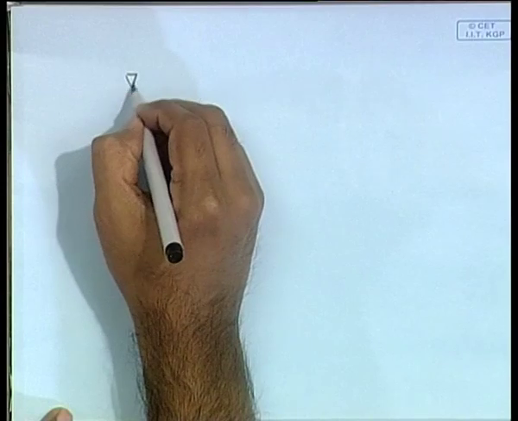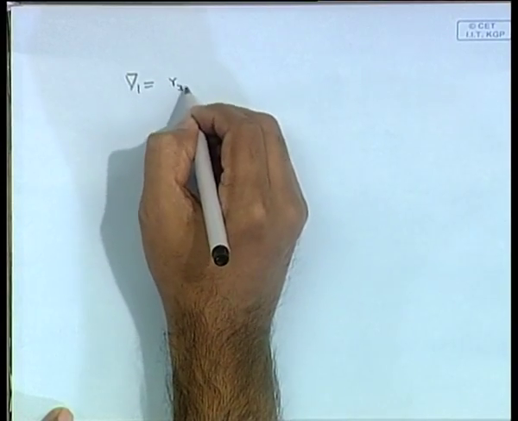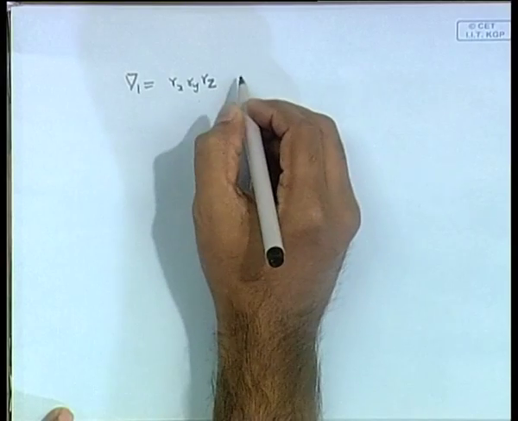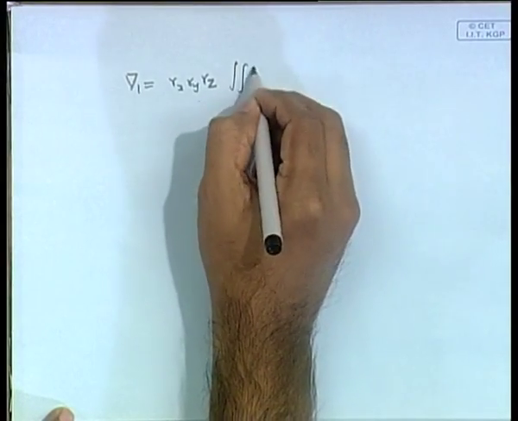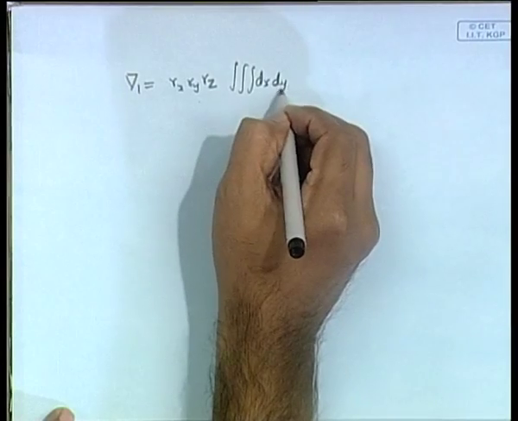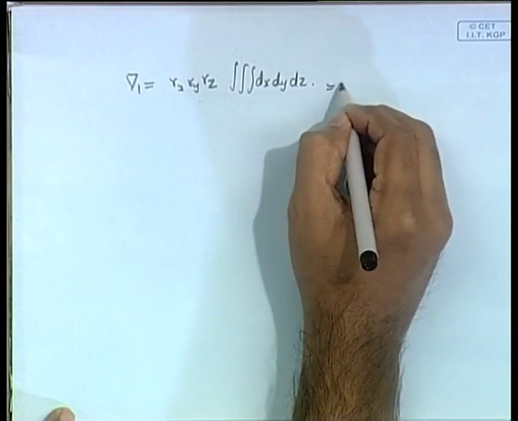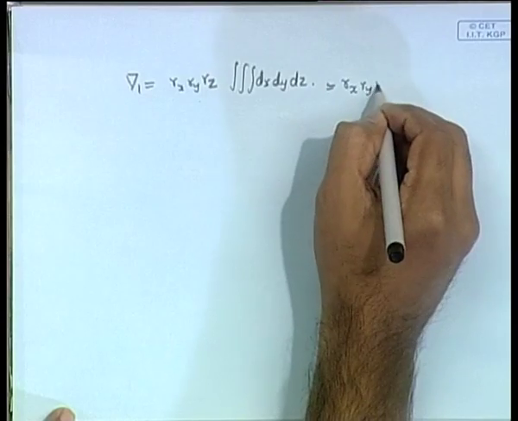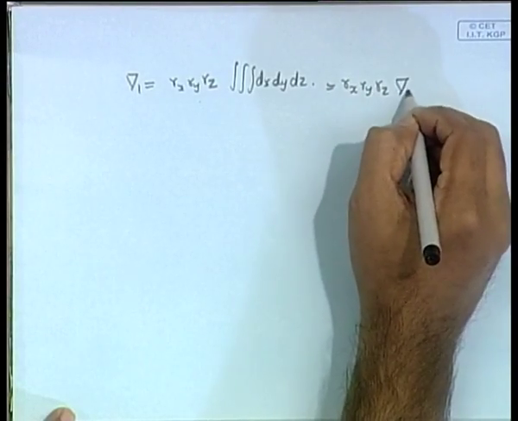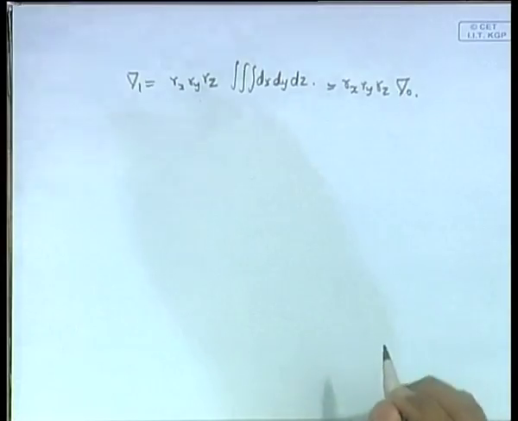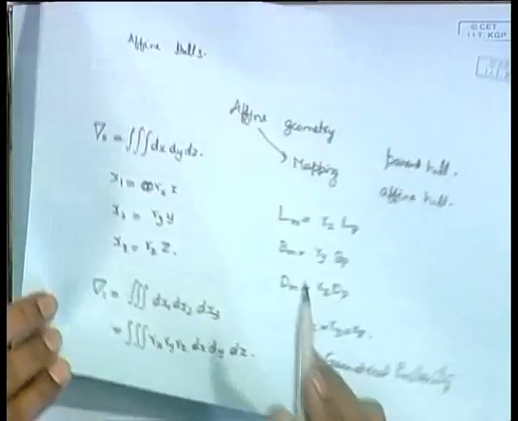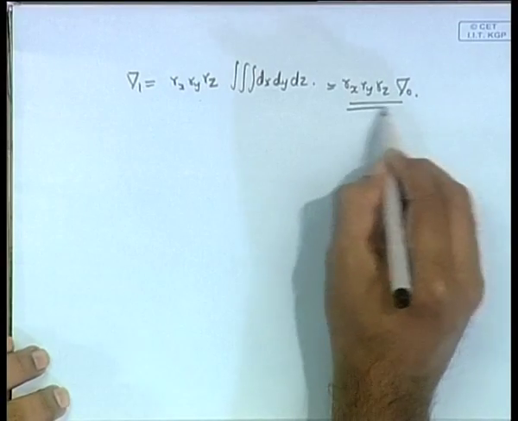Therefore, del 1 is equal to r x, r y, r z into del 0, which is our initial volume.